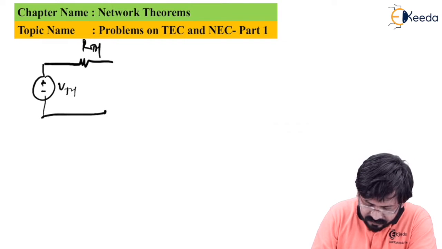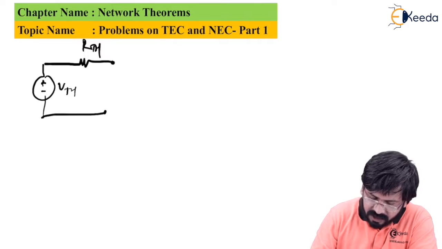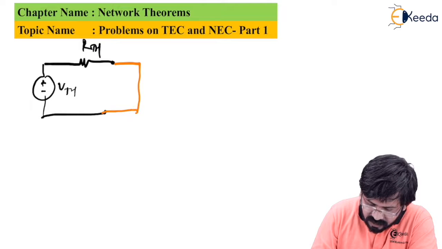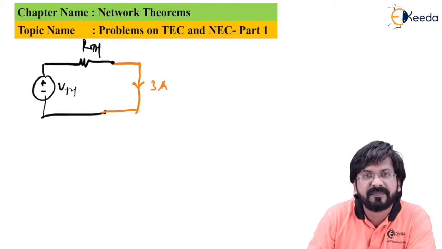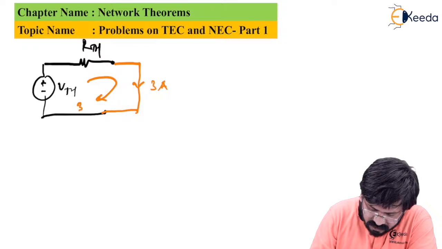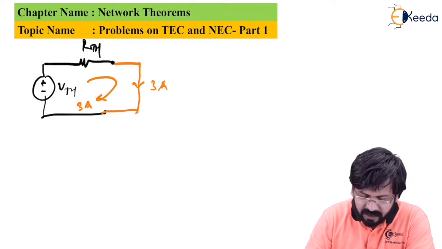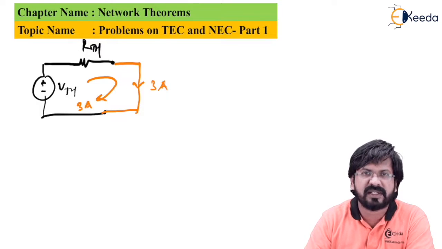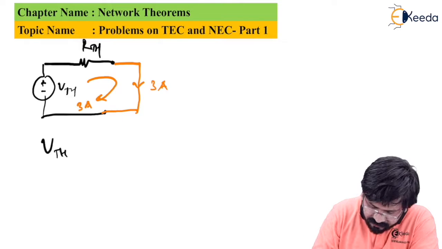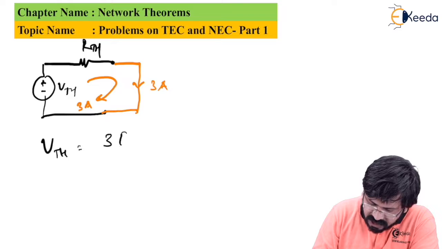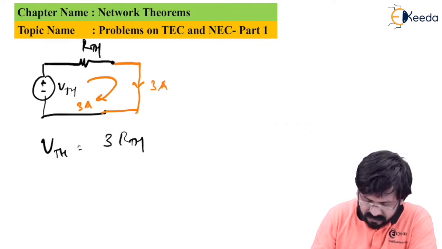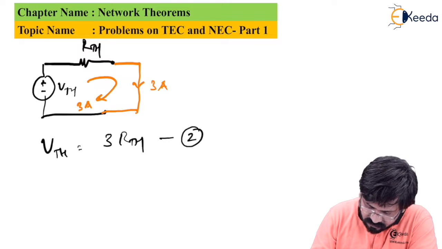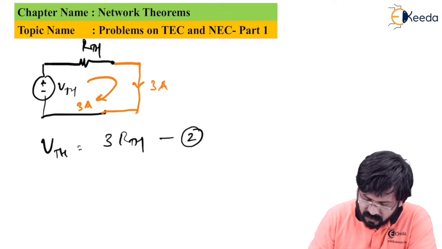There will be 2 points across which R is equal to 0, and therefore the resultant current was 3 ampere. This 3 ampere can be taken as a loop current, and by applying KVL or simply Ohm's law, voltage will be equal to current into total resistance of the circuit. So I can write VTH equal to 3 times RTH. I can refer to this as equation 2.